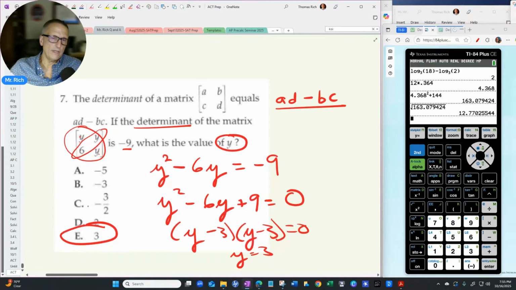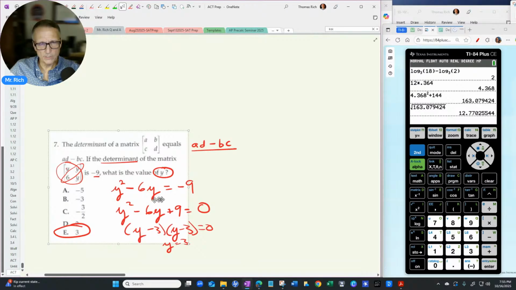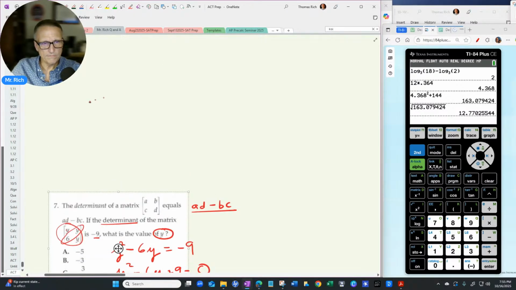Now, if they gave you a determinant of a 2 by 2 matrix that was pure numbers, that would be very easy. If I gave you 7, -2, 3, and 1, what would be the determinant of that matrix?